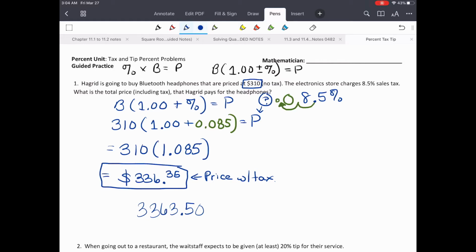But common sense should tell you that doesn't make sense, because why would headphones cost more than $3,000 unless they're made out of solid gold or something? But I would avoid that. So always be thinking about your answer. And this answer seems to make logical sense, that there would be $336.